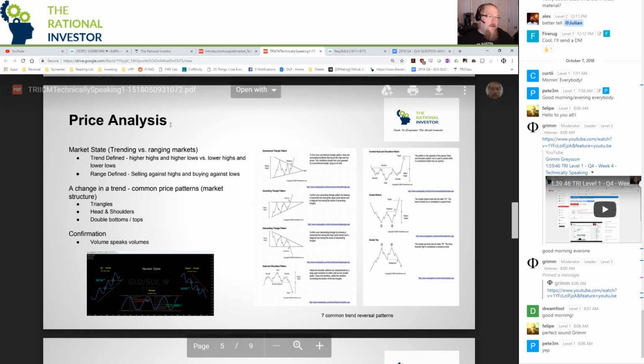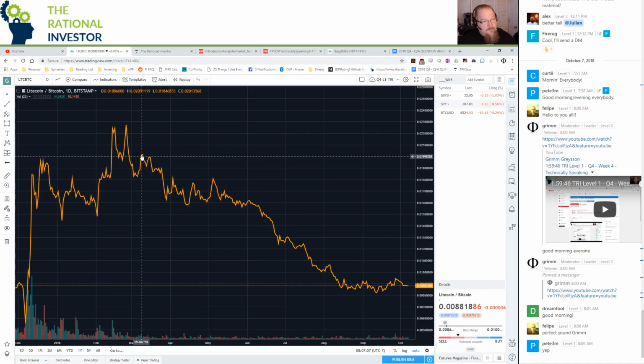That may be from one trend to another trend. That still looks like ranging until it breaks out, right? So really we're looking at trending versus ranging markets ultimately. Now, when we're talking about a trending market, right, we're talking about lower highs and lower lows. Okay.